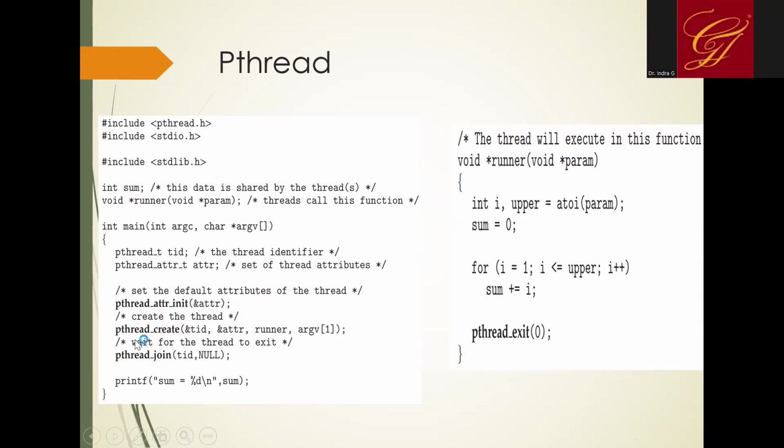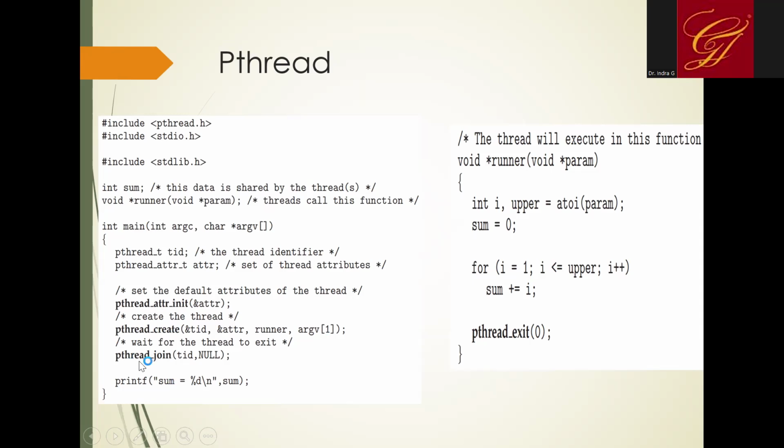And to create a thread, you have pthread_create. That's why you have to include the header file pthread.h, because it's available. To create a thread, we need to call the create function, which takes the parameters thread identifier, the attribute of the thread, the runner method, and the character array.